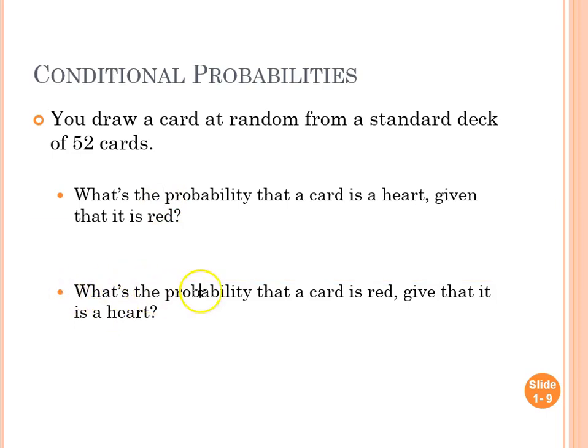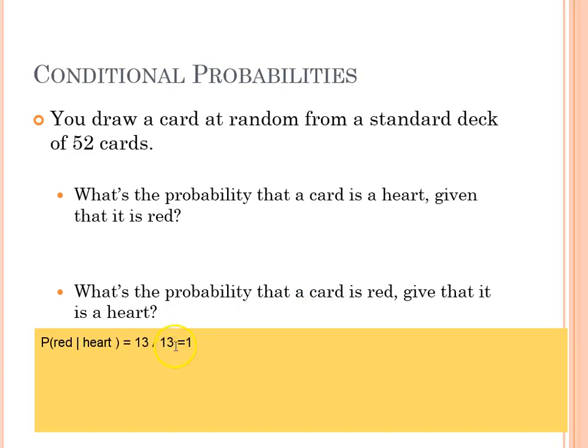This second question also gets at a conditional probability. So it asks the opposite. What is the probability the card is red given that it is a heart? So what the second question is telling you is that you have the information that the card is a heart. And so what is the probability that it is now red? So there are 13 possible hearts, and so we'll put that in our denominator.